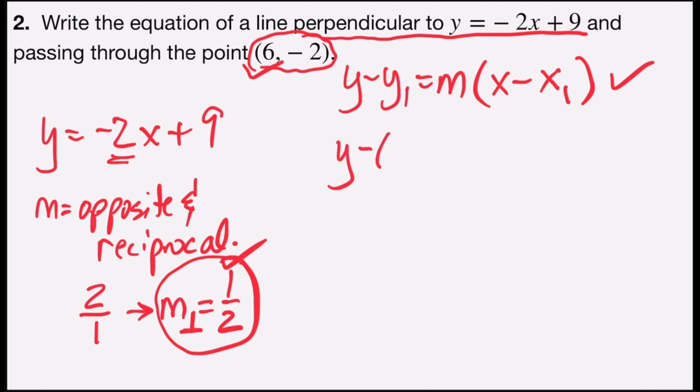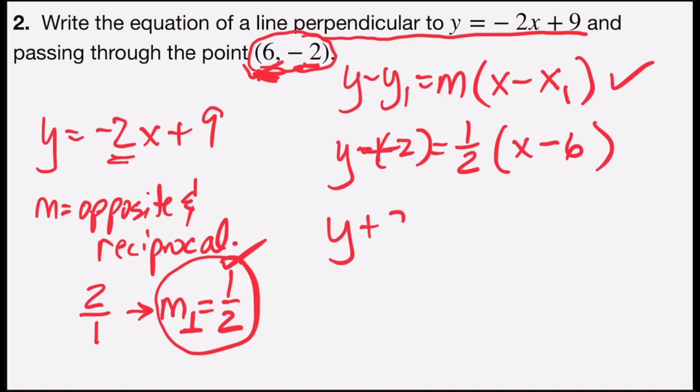y minus -2, since that's the y-coordinate, equals a slope of 1/2 times x minus 6, since that's the x-coordinate. Minus minus means plus, so y plus 2 will equal, distributive property, 1/2 times x is 1/2 x, and half of -6 is -3.